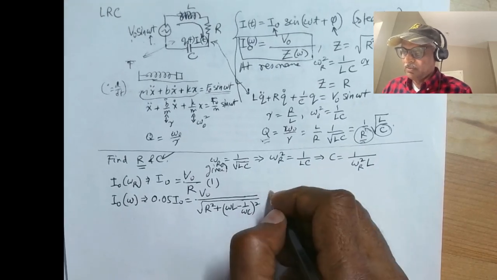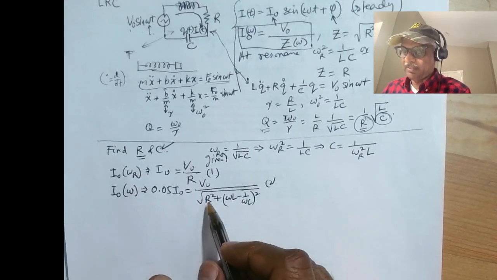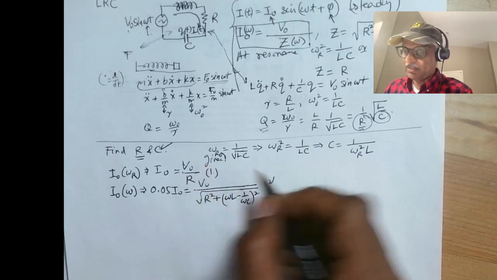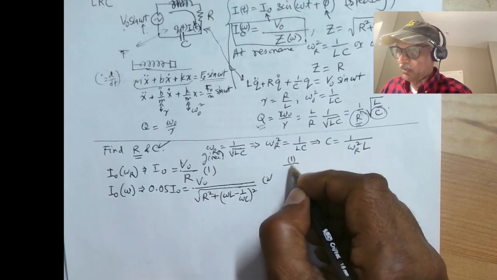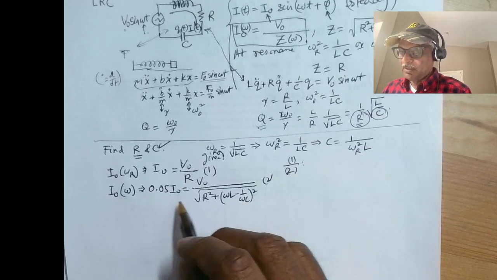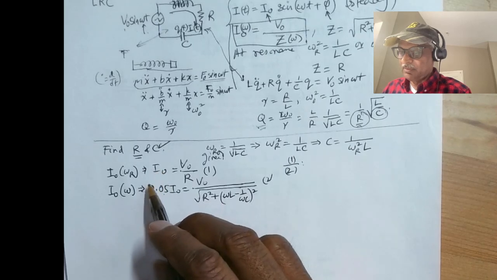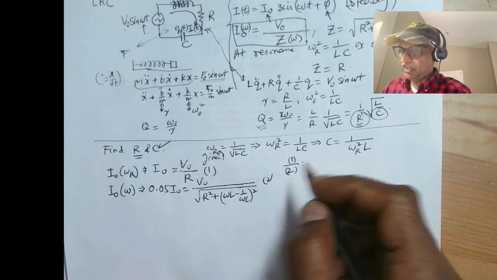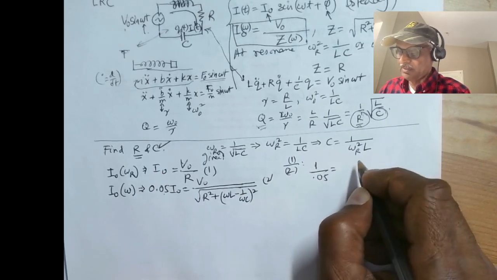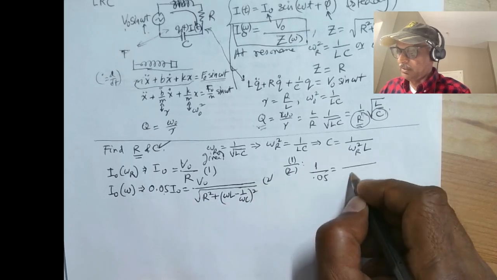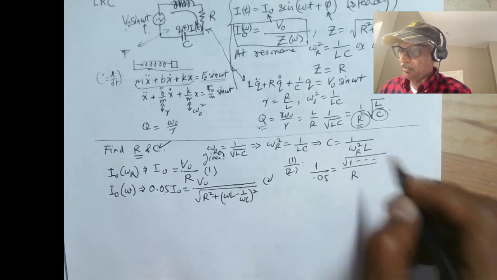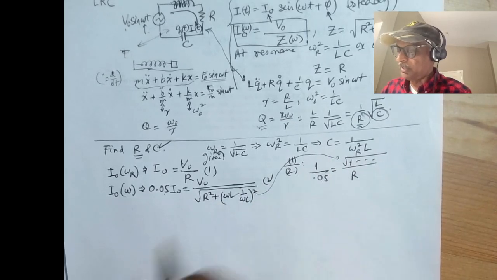Okay, clearly I can take a ratio of this and V0 disappears. You can say 1 over 2... so 1 over 2 is 1 over 0.05, and this is R over the square root of, I don't have to write this whole thing, it is over there.